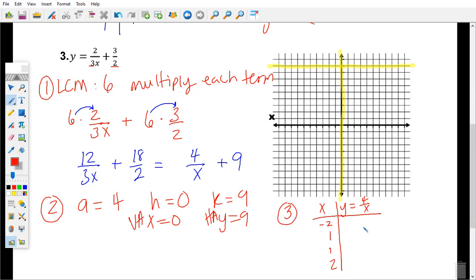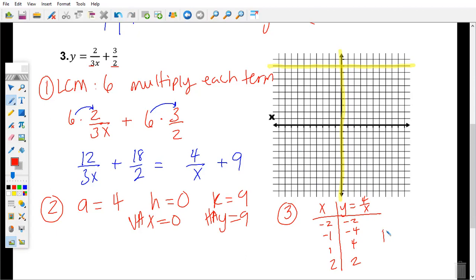You could have done 4, obviously, but I didn't want to. 4 divided by -2 is -2. 4 divided by -1 is -4. 4 divided by 1 is +4, and 4 divided by 2 is 2.